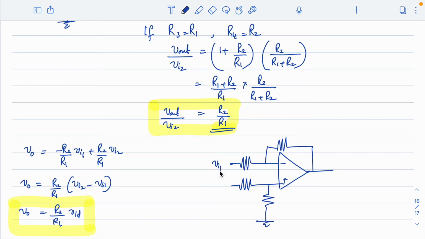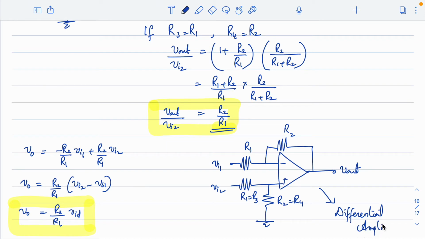So this is Vi1, this is Vi2, this is R2, this is R1, this is also R1, and this is R2, or you can write this is R3 which should be equal to R1 and R2 which should be equal to R4, and this is Vout. This is the circuit diagram of a differential amplifier. So this is differential or difference amplifier.